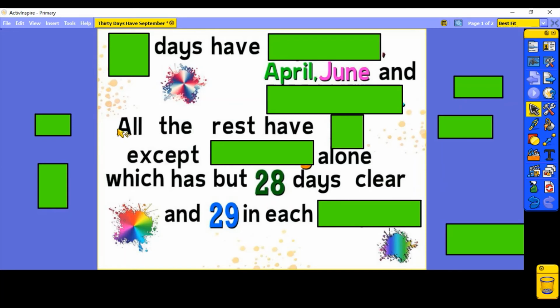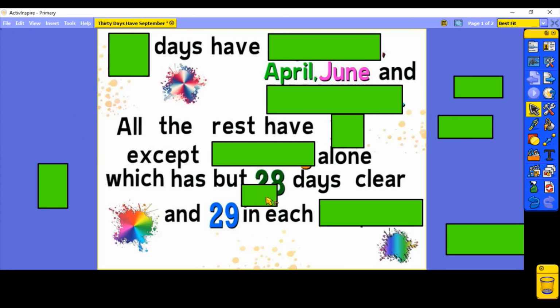Right, let's go from all the rest. All the rest have 31 except February alone, which has but 28 days clear and 29 in each leap year. That's right. I think we could probably cover up this number here as well.